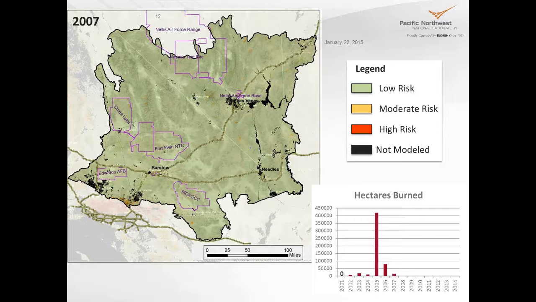Yeah. And this type of approach is most applicable for rangelands, and I think particularly shrub steppe ecosystems would be amenable to being quantified in this manner.